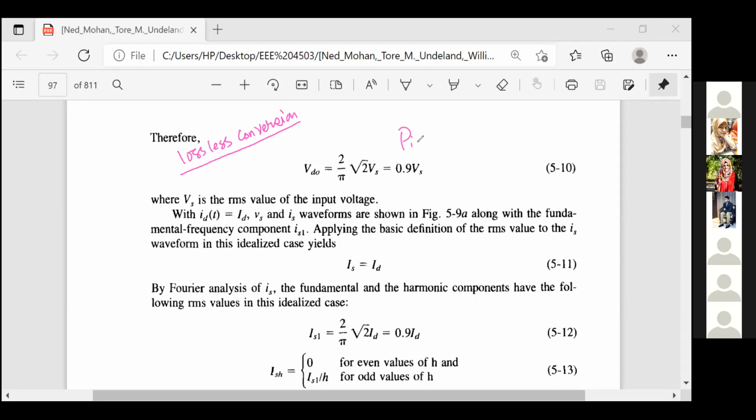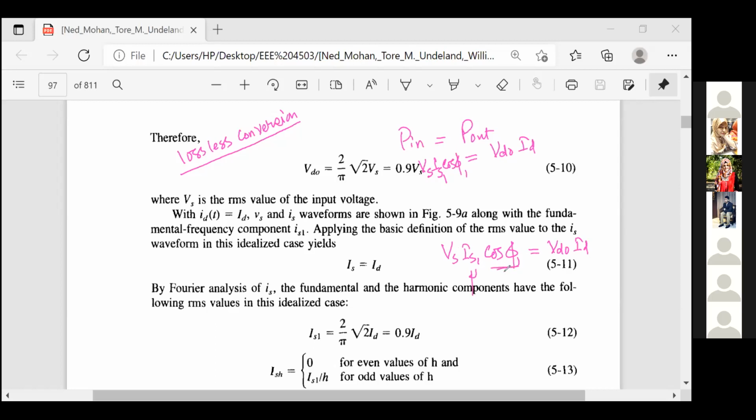That means your P input must be equal to your P output, and P output will be VD0 multiplied by ID, and P in will be VS IS1 cosine of phi 1, the power factor. Again, I am writing VS IS1 cosine of phi 1, and this is your VD0 ID, right?